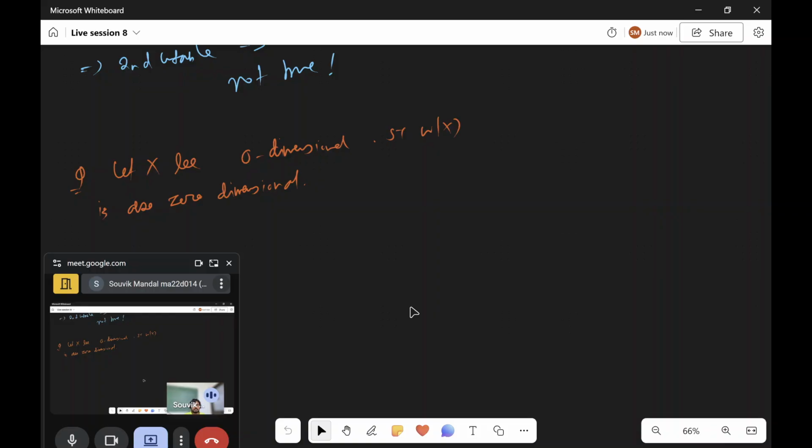So by the way, what is W(X)? W(X) is the Wallman compactification.